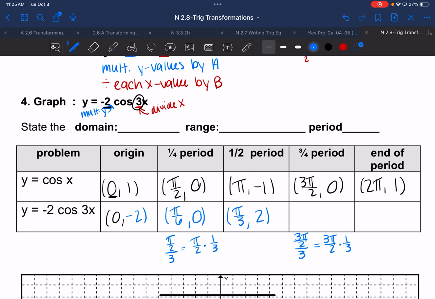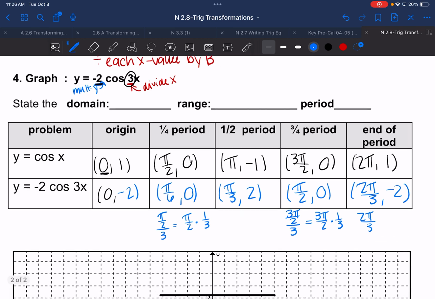Can I simplify 3 pi over 6? Pi over 2, right? And then 0 times anything just stays 0. Then lastly, we've got 2 pi that we're supposed to divide by 3. This time I don't have a fraction and a fraction, so I can leave it like that. So 2 pi over 3. And for my y value, 1 times negative 2 is negative 2.